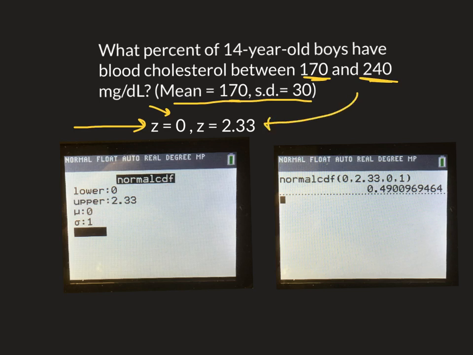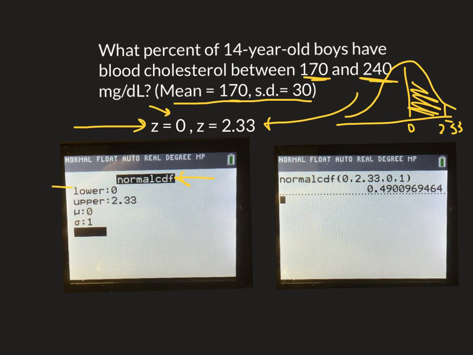All right, now I want to know what percentage lies between those two on the curve. So the curve would look like between 0 and 2.33. 0 is here, 2.33 is way over here. So I want that region right there, what that area is. Whenever you're looking for the area, you're going to use normal CDF on your calculator. You go second vars, and you'll see normal CDF.